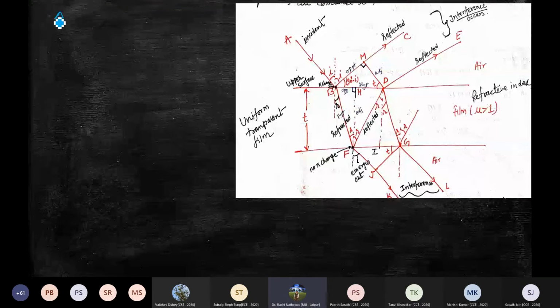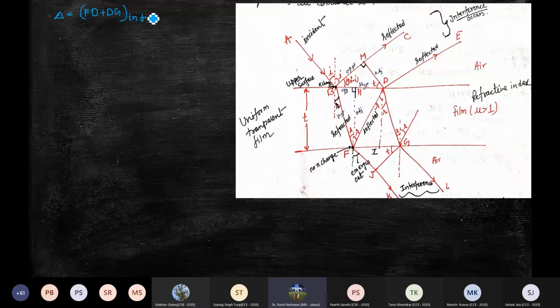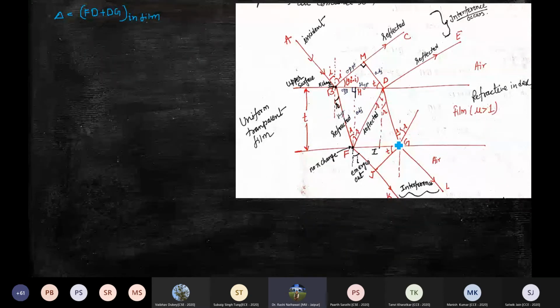Now path difference delta can be given by FD plus DG, that will come in the film. See, FD and DG, this will also be coming from the film, but this ray is directly transmitted from the BF and it is transmitted in the form of FK.